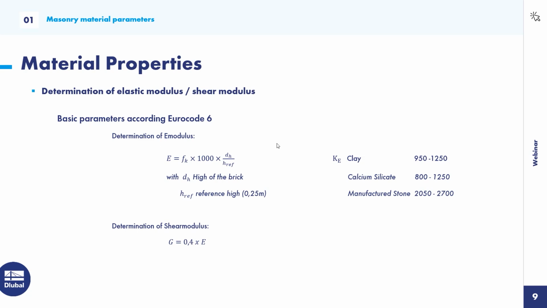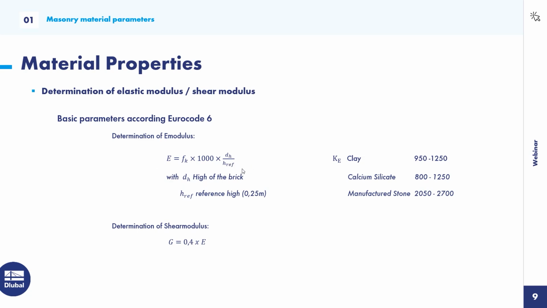The determination of the E modulus is defined by one factor. It's about 1000 for clay. It's in a range of 800 to 1250 for calcium silicate, or maybe 2050 and 2700 for manufactured stones. This multiplied with the fk, the characteristic strength, is the E modulus.